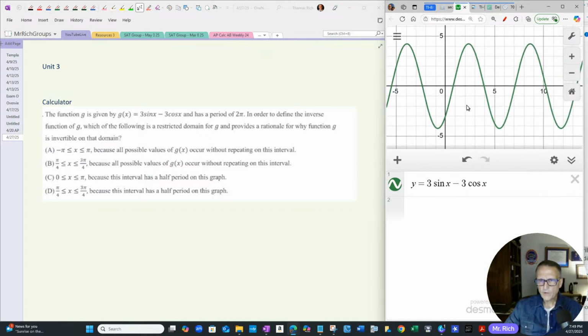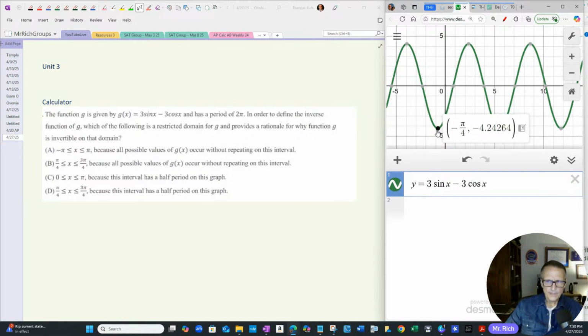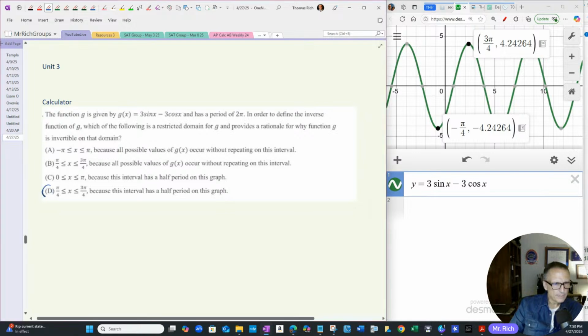So then we know that this domain needs to be passing a horizontal line test. So let's look at these different values here. This shows you that we go from -π/4 and we come up here to 3π/4. I think this is going to be it. Okay, I've got two answers with π/4 and 3π/4.